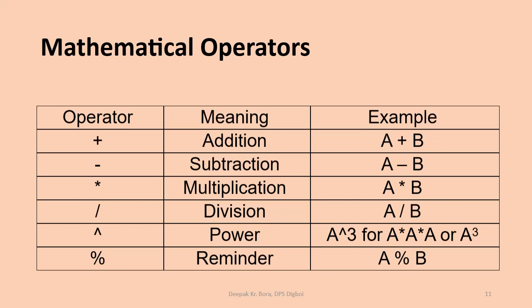In computer we write multiplication as asterisk. Then division, next is the power, that is the caret sign, and the percentage sign is used to find the remainder. Power means A to power 3, that is A into A 3 times.